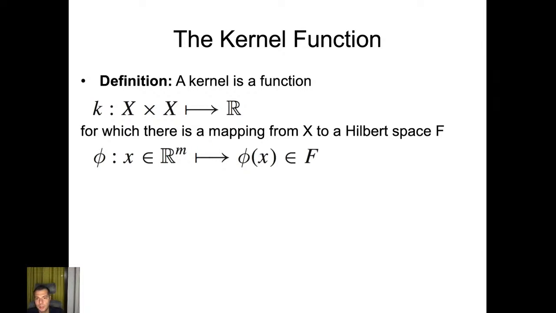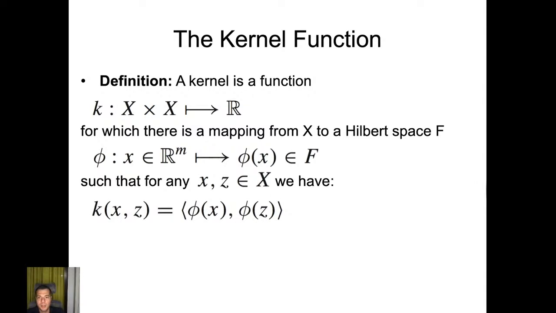So phi is a function that takes an input data sample X and embeds it in a Hilbert space F, such that for any points X, Z, the value of the kernel function between two data samples X and Z is equal to the scalar product between the embeddings of X and Z.